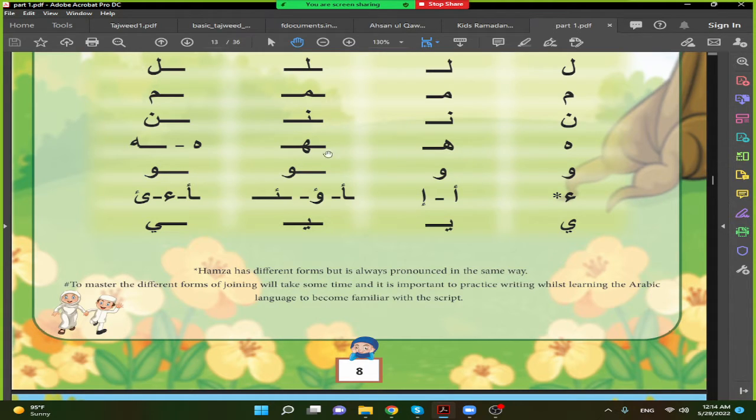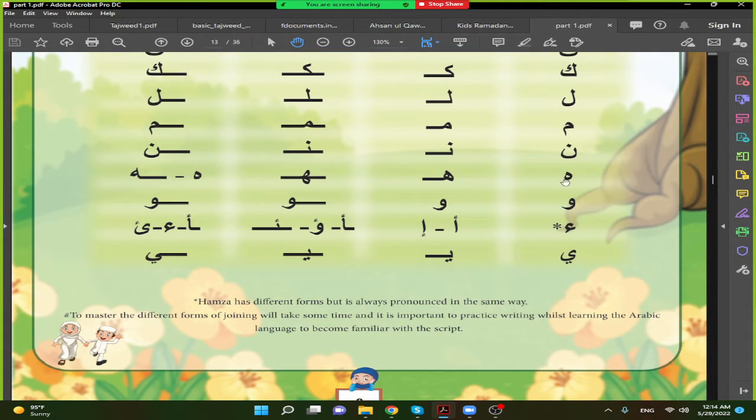It's also ha. Okay. They are telling you when ha comes by itself, it is supposed to be like this.